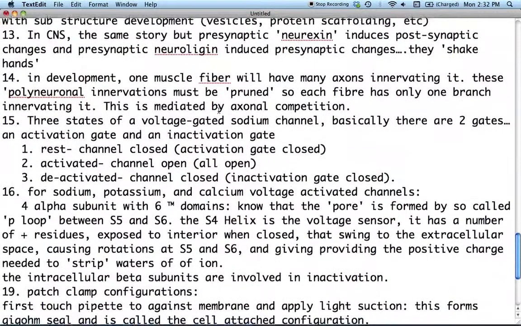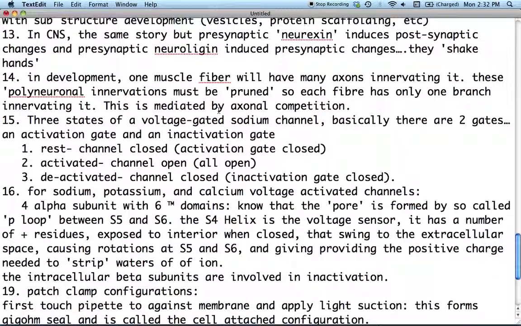In the central nervous system, you've got the same sort of story, but you've got neurexin from the axon interacting with neuroligin from the postsynaptic side.